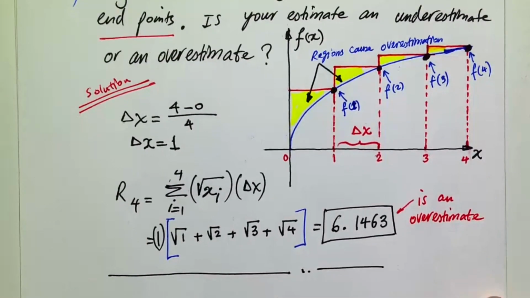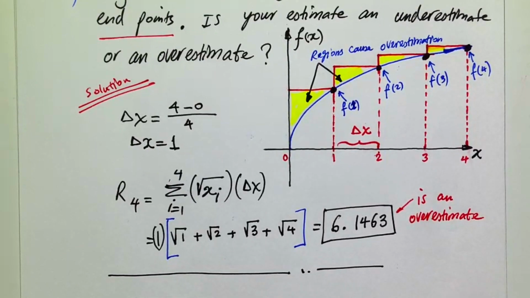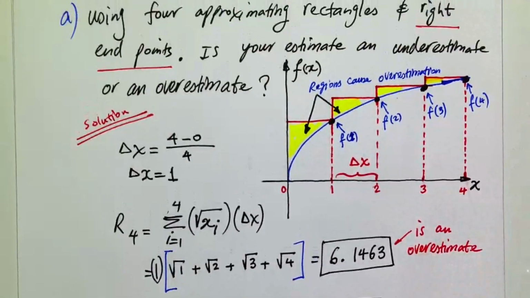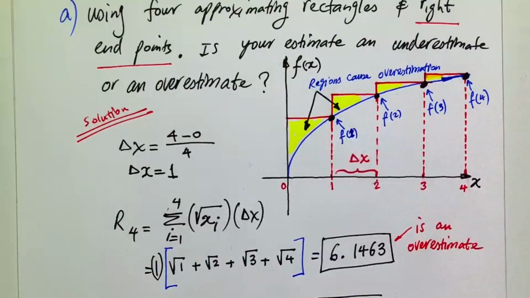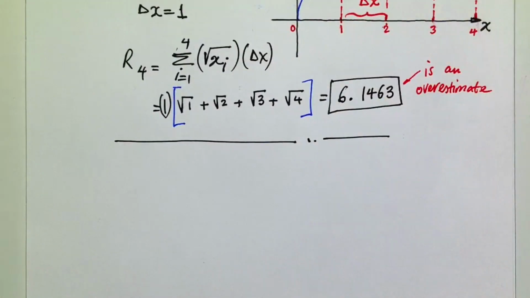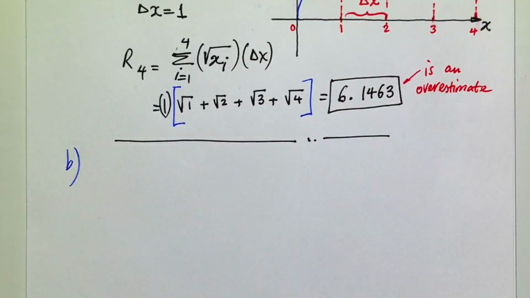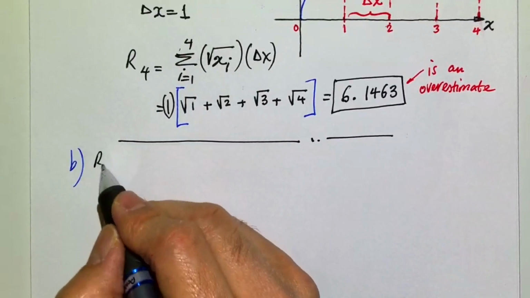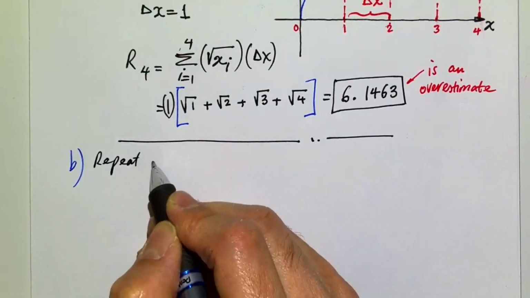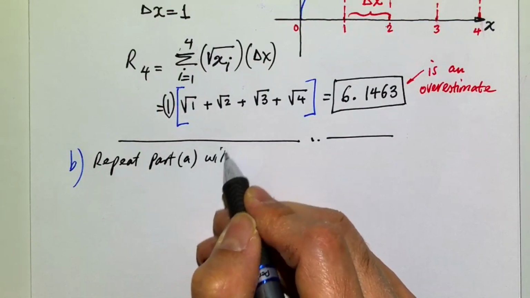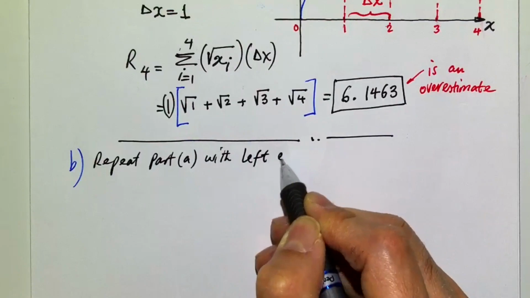So part B, we're going to do the same thing using the left. I'm going to keep this. Maybe we can keep this, but this time we will be using, well, no, let me actually draw another one for this. I'll just draw approximately. So again, repeat part A with left endpoints.